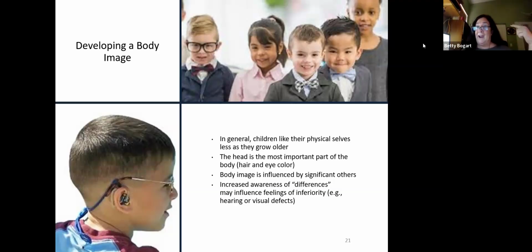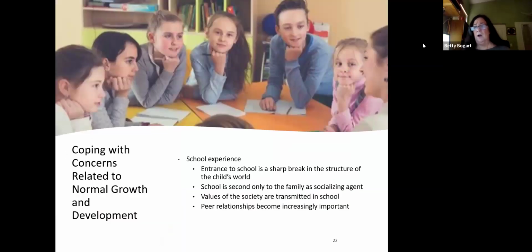They do know that hair is always one of the most important things. And if you've got those big blue or big brown eyes, everybody will always remark on those things. School age children are very aware of the differences, whether they have to wear glasses or braces or hearing aids or something different. School age children are aware of it.